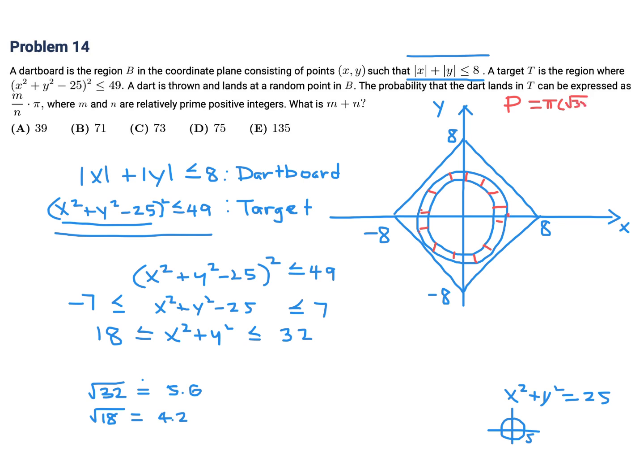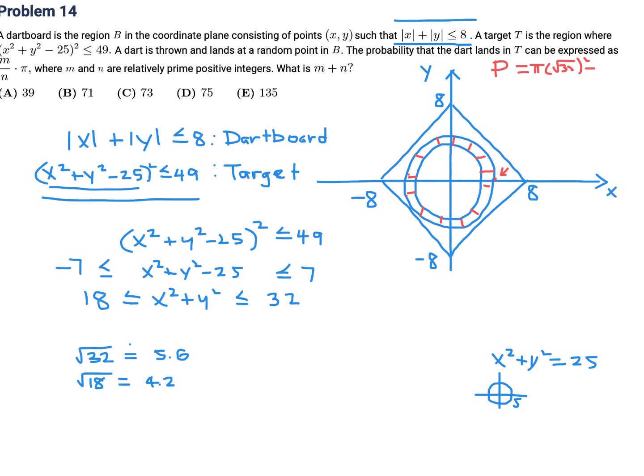Root 32 squared minus this point, which is root 18, pi root 18 squared. And then that's over the total area. The total area is the area of the box, and that's just going to be, what would it be?